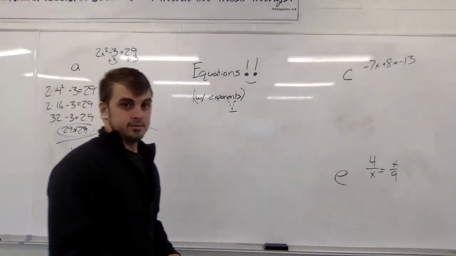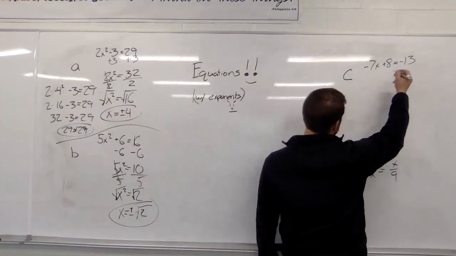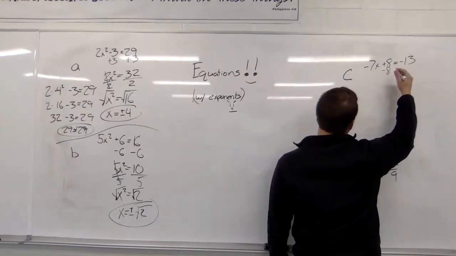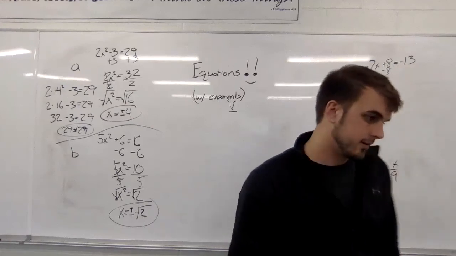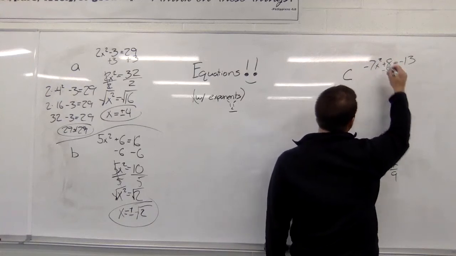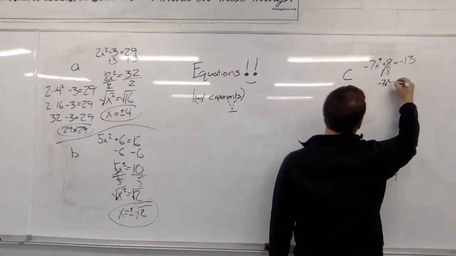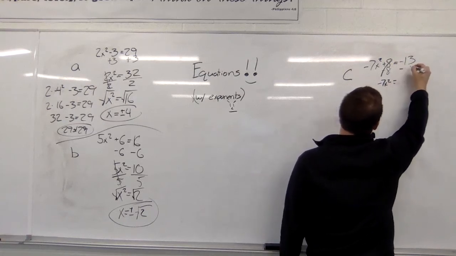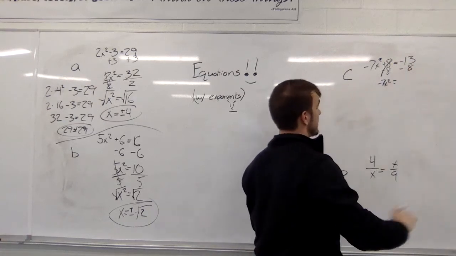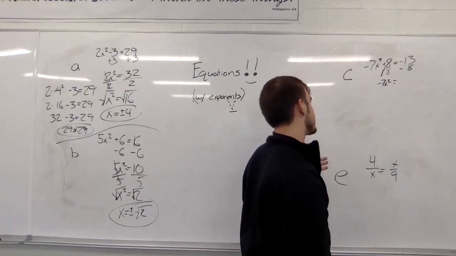Jumping over to C here, negative 7x plus 8 equals negative 13. Again, same thing, isolate. Is this squared? I feel like it should be. Yes, it is. All right, so isolate here. Negative 7x squared is equal to negative 13 minus 8. Is your answer going to be bigger or smaller?